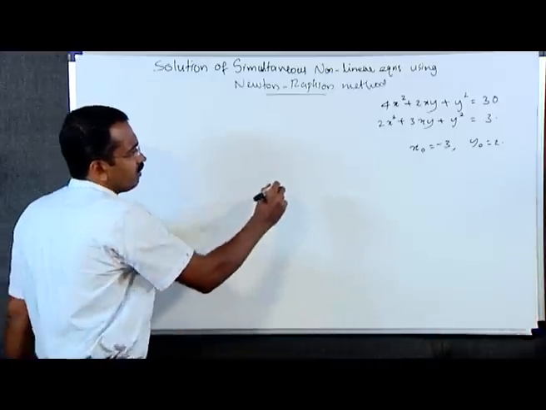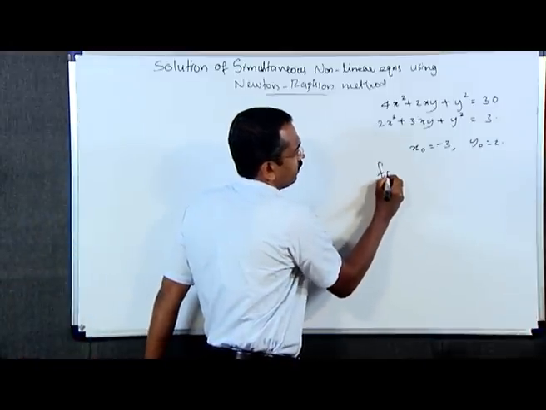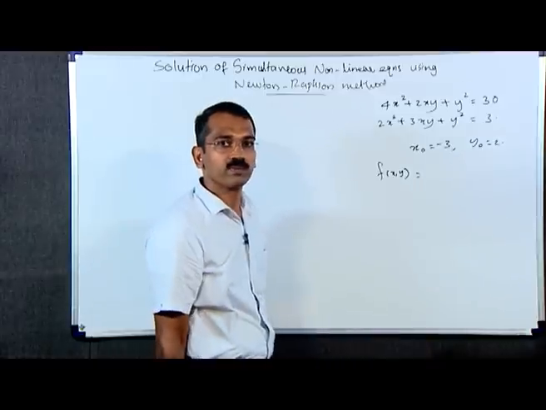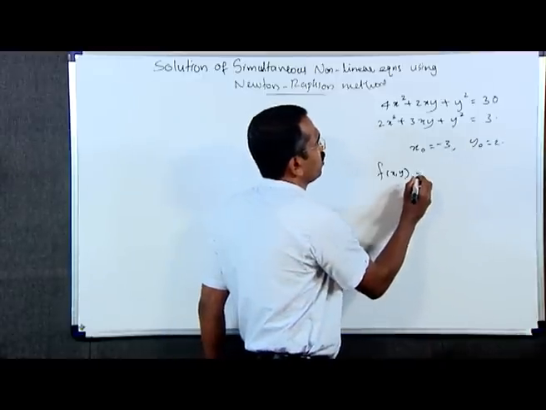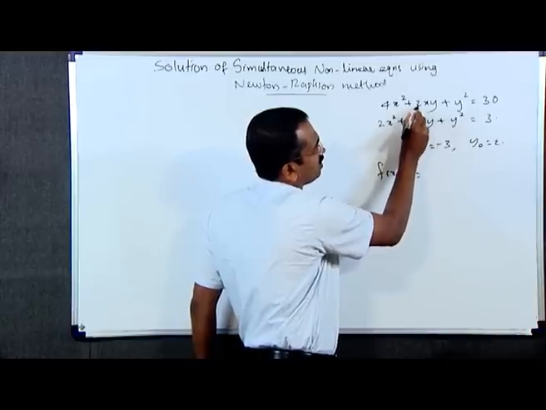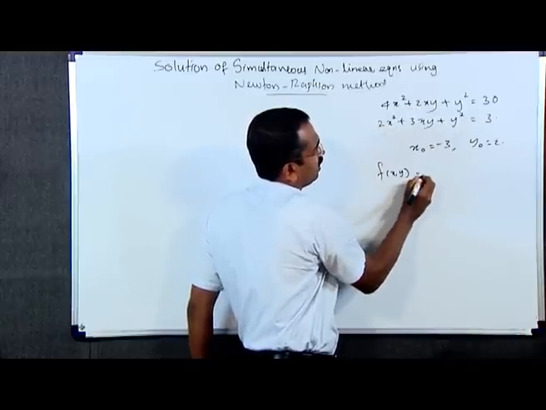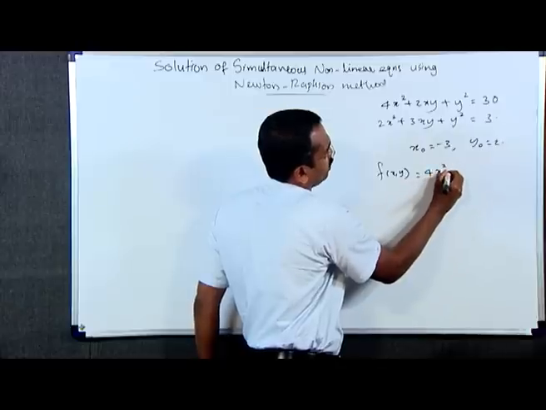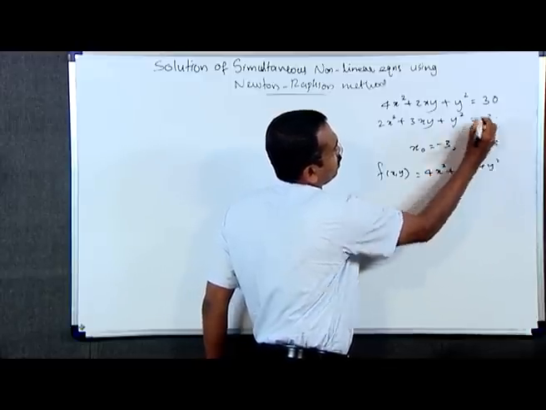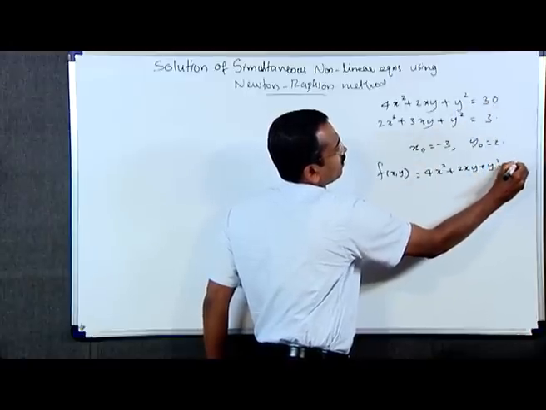Here we assume f(x,y) as the left hand side of the first equation, that is we can write from this equation f(x,y) is equal to 4x square plus 2xy plus y square minus 30.